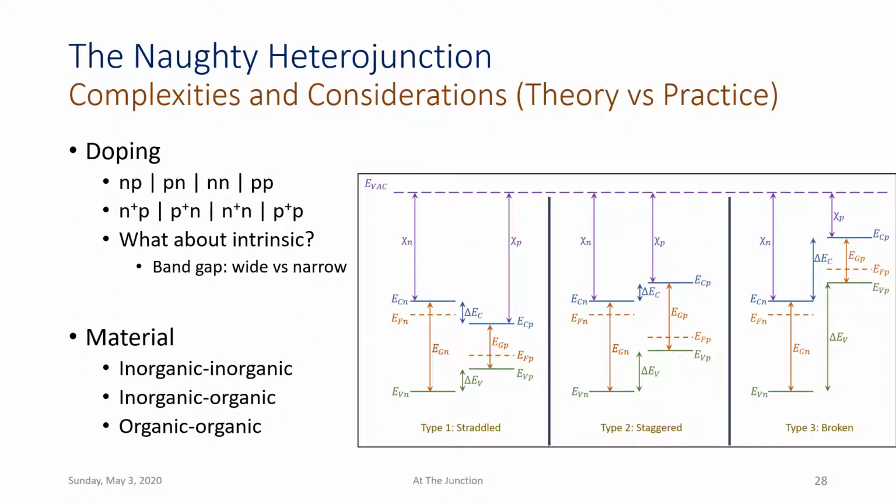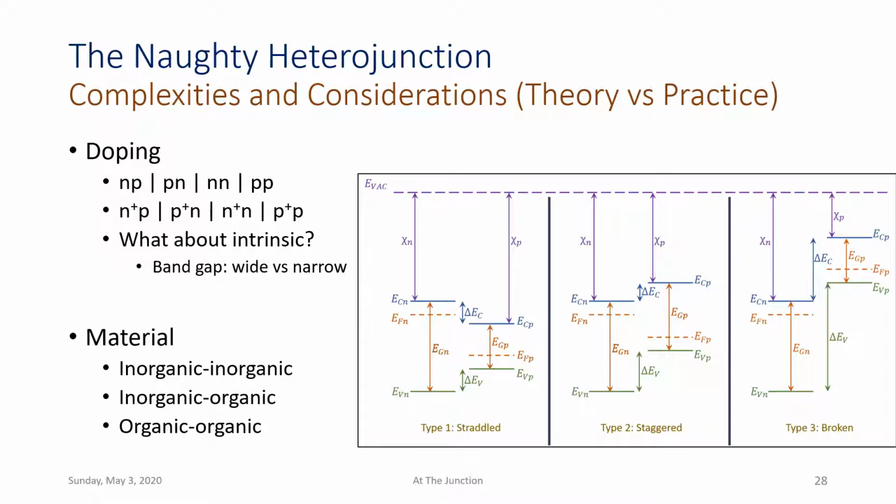In addition to the difference in the formula for V naught and W naught for heterojunctions, we have to consider further complexities when dealing with heterojunctions. The first such complexity is doping.